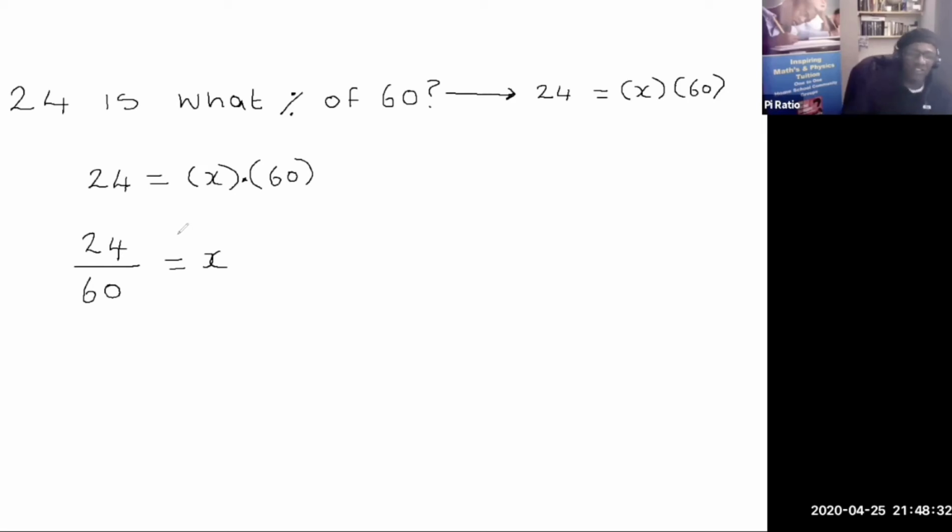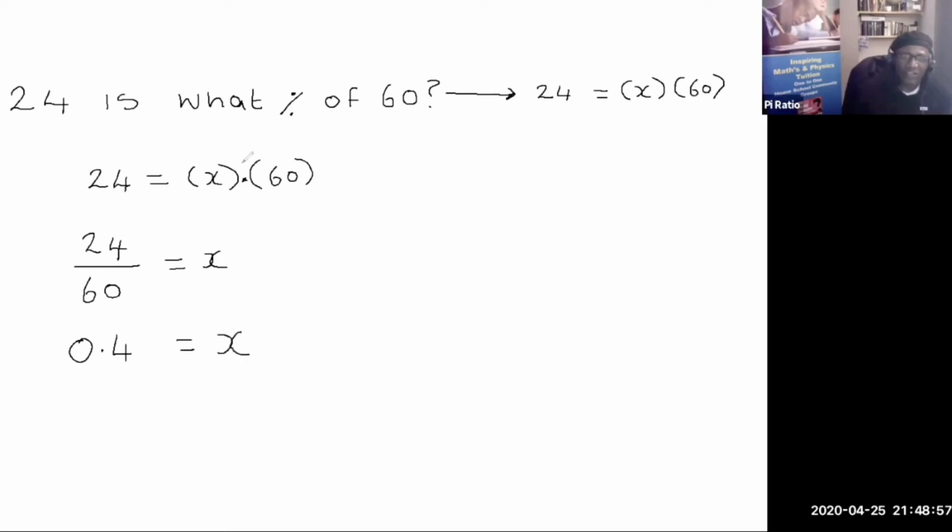So then you have the sum 24 divided by 60. And 24 divided by 60 gives you 0.4. So now 0.4 is equal to x.